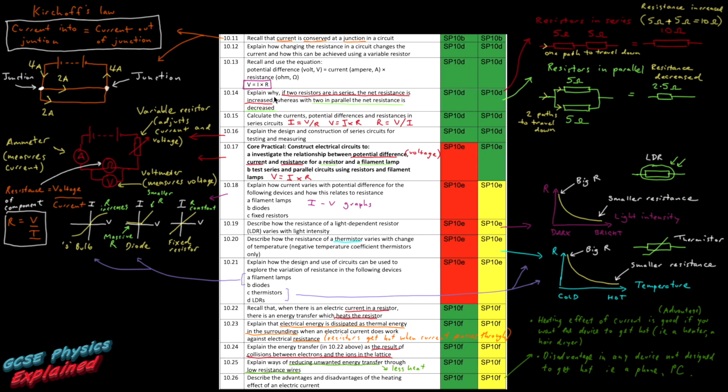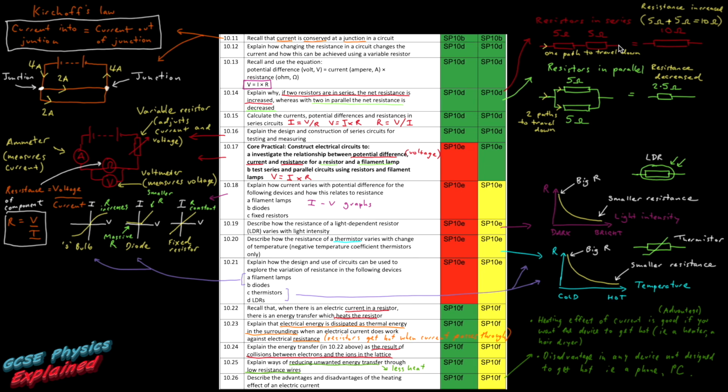10.14. Explain why, if 2 resistors are in series, the net resistance is increased, whereas with 2 in parallel, the net resistance is decreased. So in series means one thing after another. So in series there's only one route, so the current has to go through this resistor and this resistor.